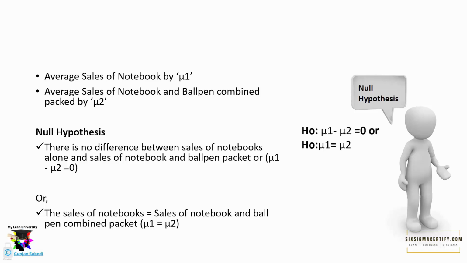So we can redefine the null hypothesis statement as H0: mu1 minus mu2 is equal to 0, or H0: mu1 is equal to mu2.